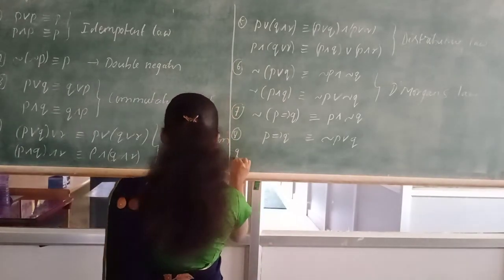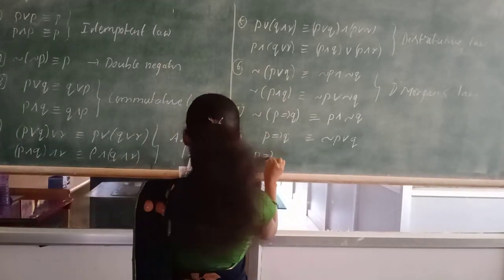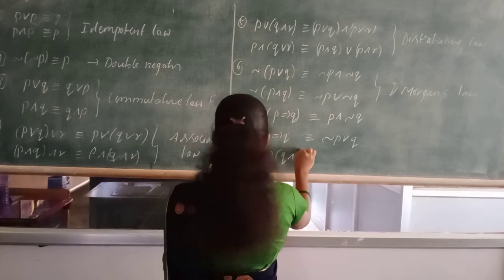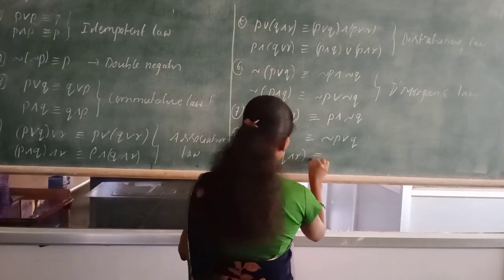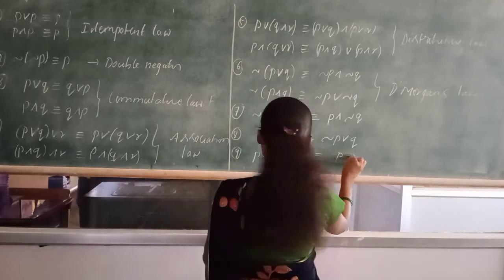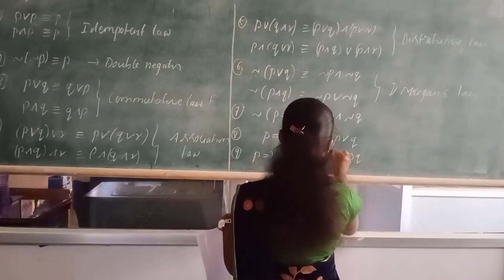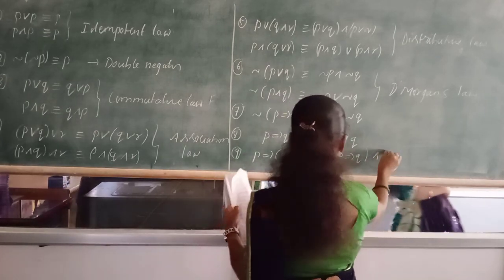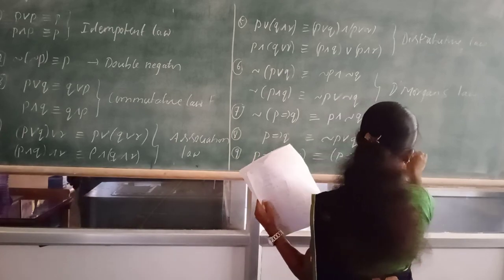Next one, ninth: P implies (Q and R) is equal to (P implies Q) and (P implies R).